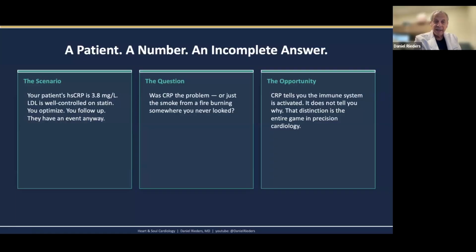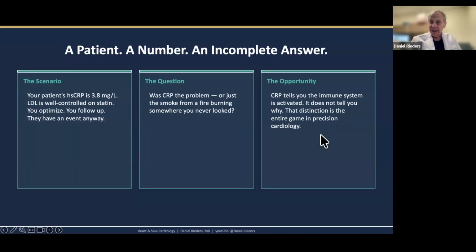Please note that a statin can decrease your CRP. So what do you do? Where do you go? So it's CRP, hsCRP says there's a fire going, and it doesn't tell us where the fire is, and that's up to us to figure that out.